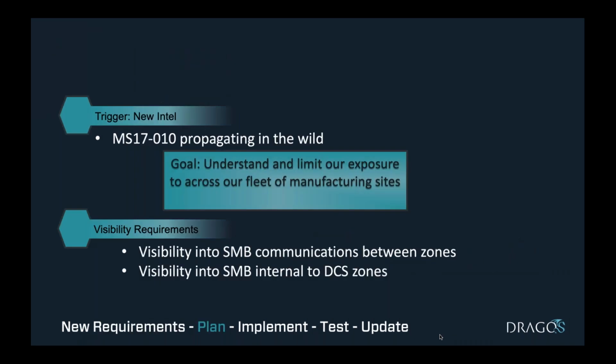So moving from the new requirements to the planning phase. A good example of this would be MS17-010 being propagated and being seen in the wild last year. Really, our goal from an operations security standpoint is to understand and limit our exposure across, say, our fleet of manufacturing sites, for instance. That's well and good. There's a lot of challenges with many OT instances where they're truly relying on SMB connectivity moving between zones in various ways.